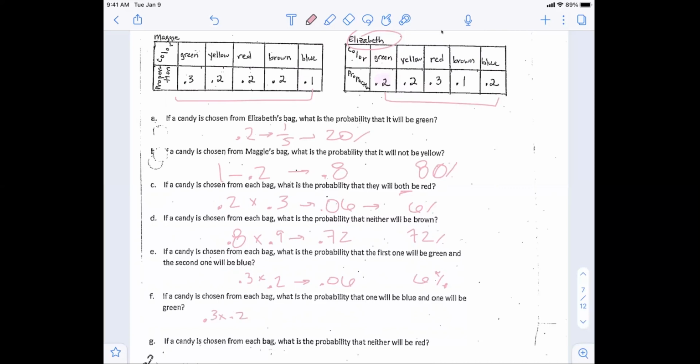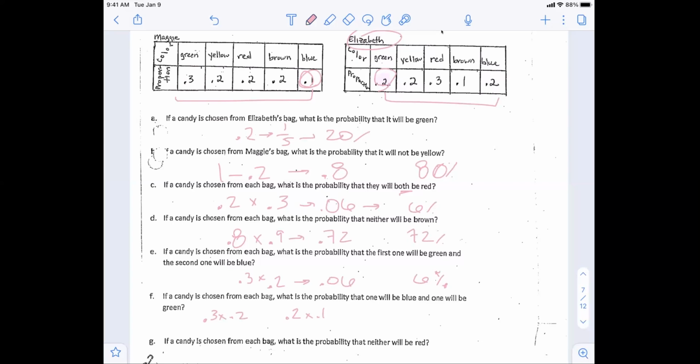Also, I'm using those little X's to multiply because there's really no variables here. You can use parentheses or you can use dots, but I thought that was going to get confusing. And then it's also okay if instead of pulling a green from Maggie and a blue from Elizabeth, I pull a green from Elizabeth and then a blue one from Maggie. So I have to also try that one, which is going to be 0.2 times 0.1.